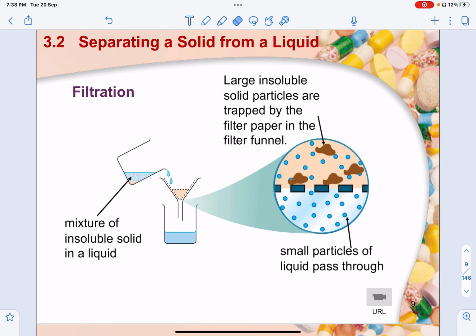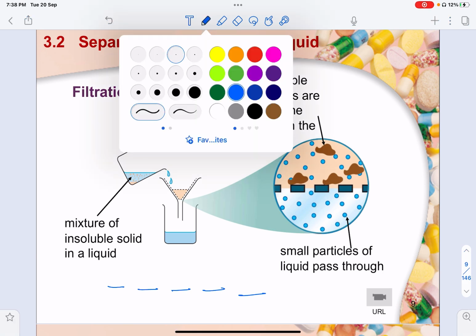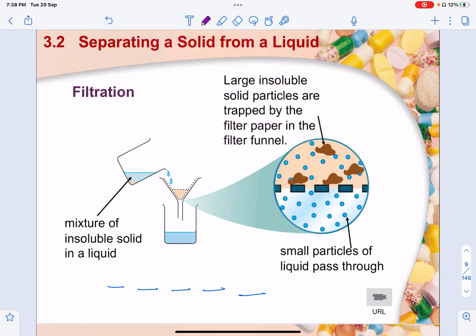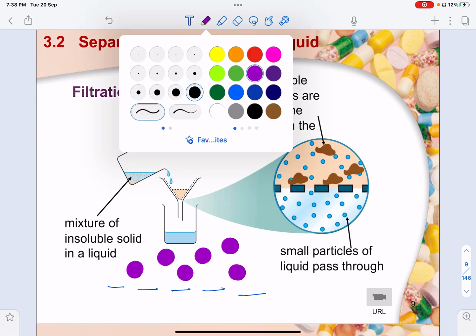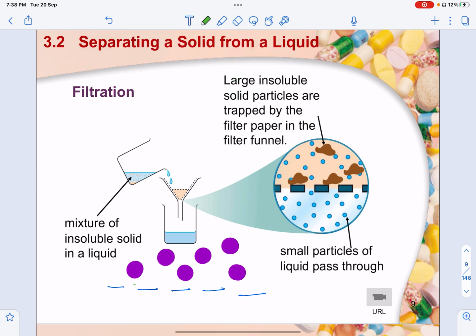So let's say the filter paper has mini holes in it, channels. Then within the solution, you have all these particles, but of course you also have the equally small ones. Maybe put it in green. Yeah, that is small enough. So what will actually be filtered down is the small particles.